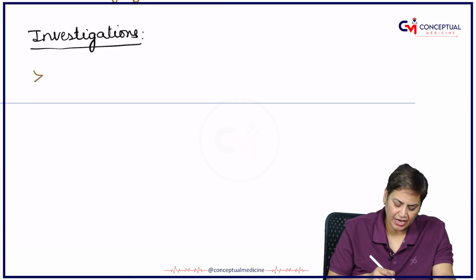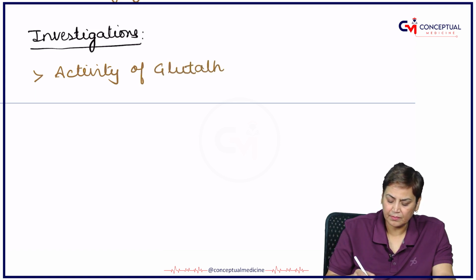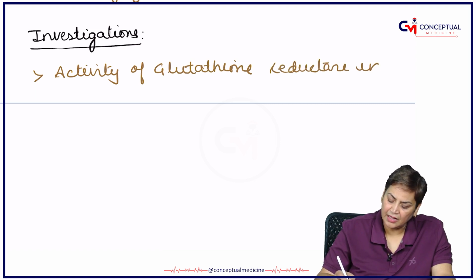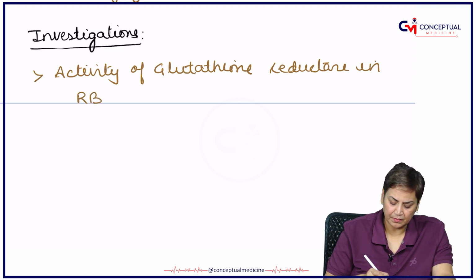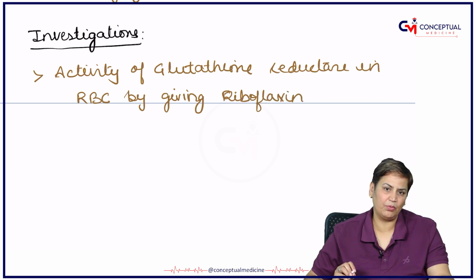We have to check the activity of glutathione reductase in RBCs by giving FAD or riboflavin in vitro. Very, very important.